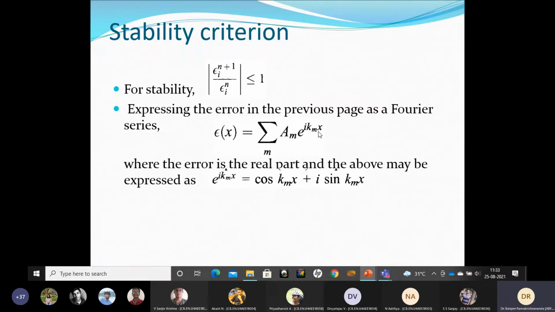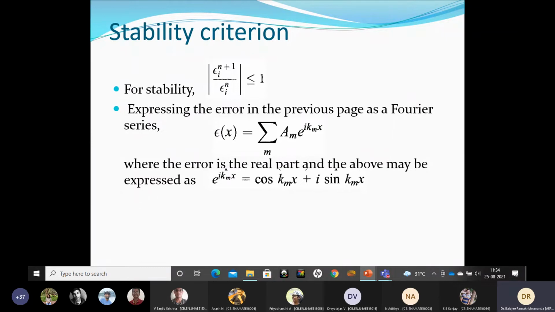Km is some frequency, and Am is the amplitude of that particular term in the Fourier series. So error, if you express that as sigma of m from 1 to infinity of Am into e power i kmx, it's a combination of both the cosine series and the sine series. The sine will have the imaginary part.